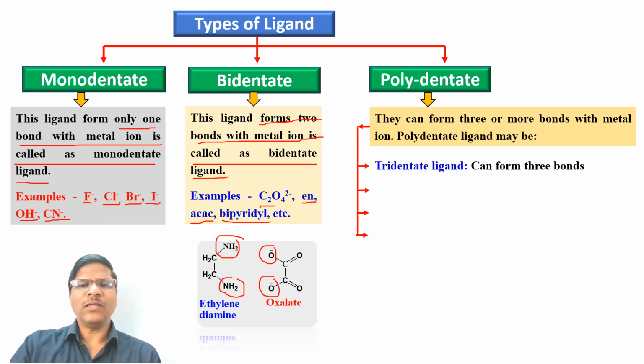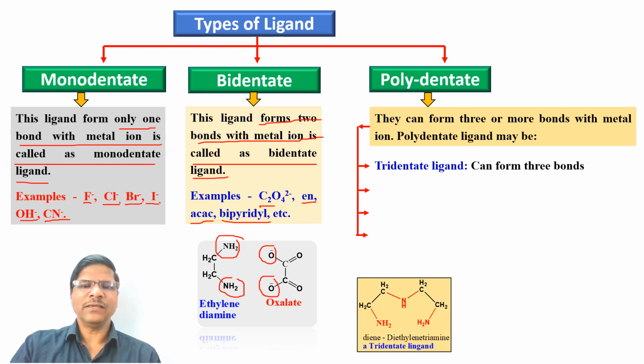In the polydentate we have the tridentate. An example of the tridentate is diethylene triamine, abbreviated as DIEN. Diethylene triamine is the tridentate ligand. Then we have the tetradentate ligand.